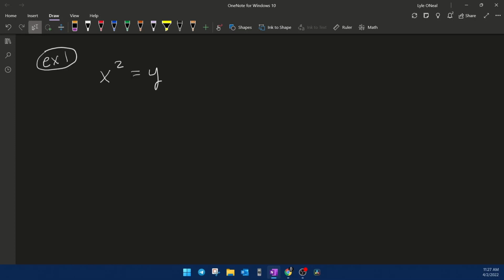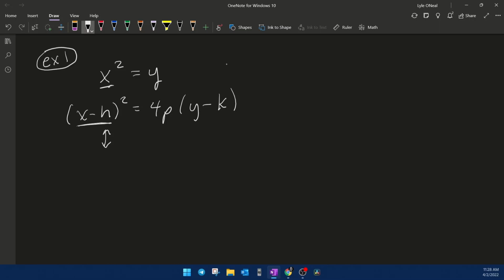Then the first thing I'm going to do is rewrite the standard form of the equation of a parabola underneath my equation, and then I'm going to determine the values for h, k, and p. Okay, so here's my standard form equation, and just to ask you a couple of questions, what would h have to be for this set of parentheses to simplify to only x squared?